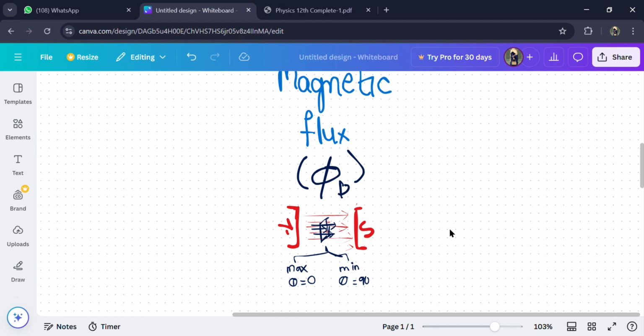Now let's study how this concept is actually applied. We know that here the area, let's consider this is an area, and now this area is facing the, let's say these are the magnetic field lines.